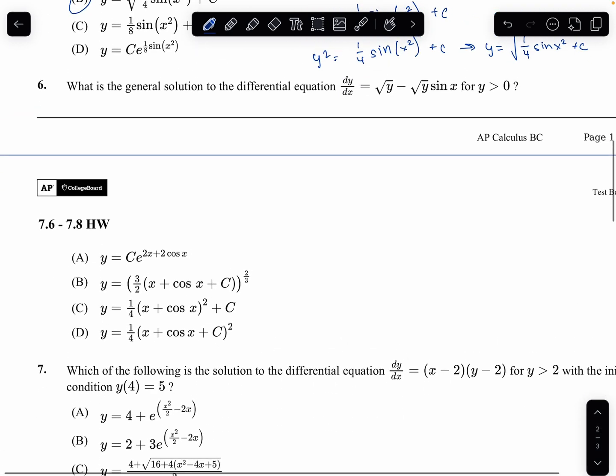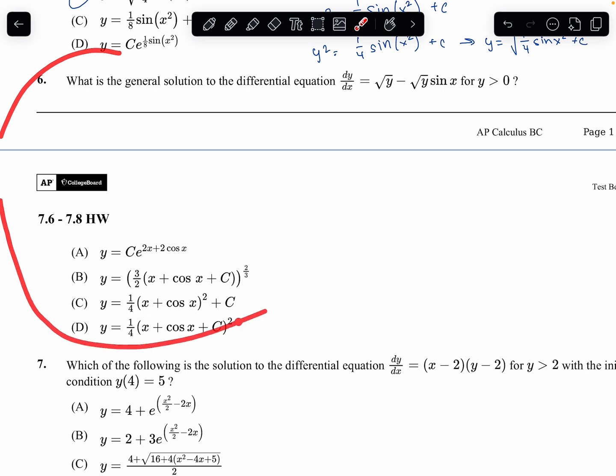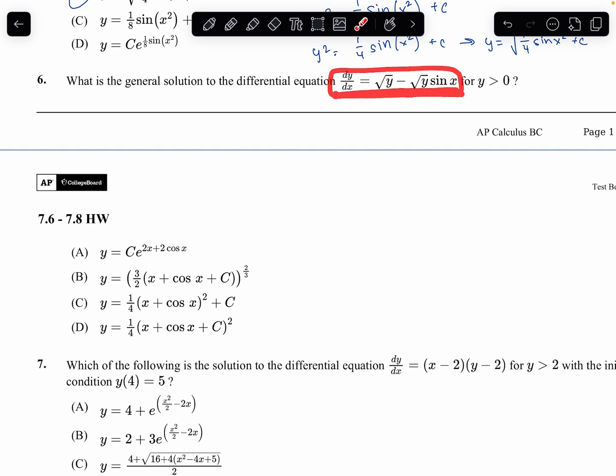All right, for 6, sorry, it's happening on 2 pages. All right, so this one's actually kind of tricky, it looks like. You can see here, we have a square root of y on both of these. So this is kind of where they do start to get tricky. This one's actually not too bad.